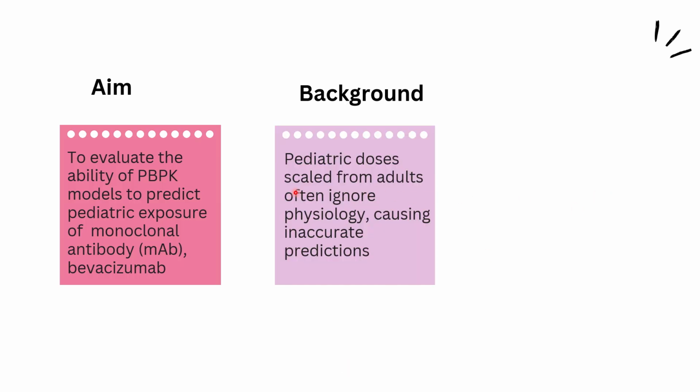Pediatric doses are typically scaled from adult doses based on body weight or surface area, called the allometric method. However, these allometric methods often overlook unique physiological characteristics of children and result in inaccurate dose predictions.